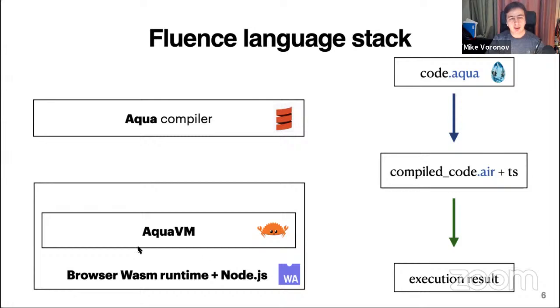Also this Aqua VM could be run in a browser, and now we are working on a way to allow modules compiled with Marine SDK to run in a browser natively without Wasm bindgen. So it's on the way.